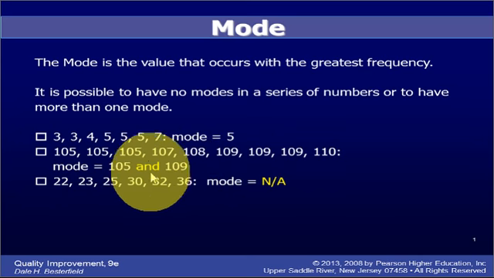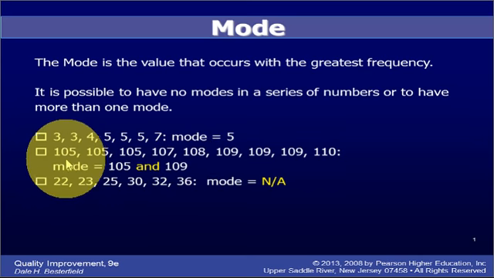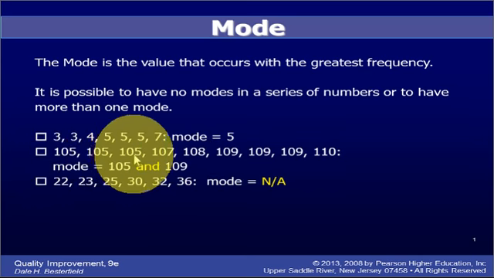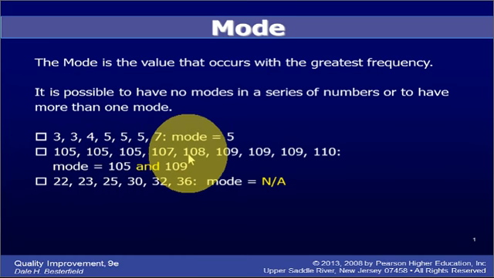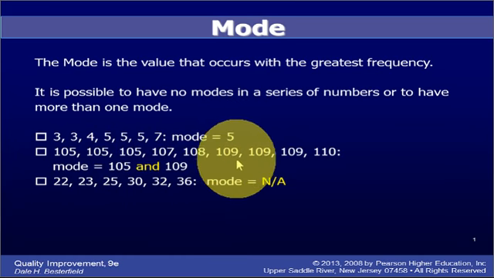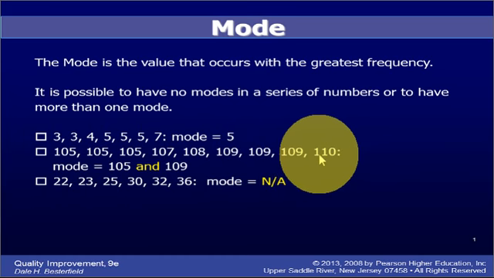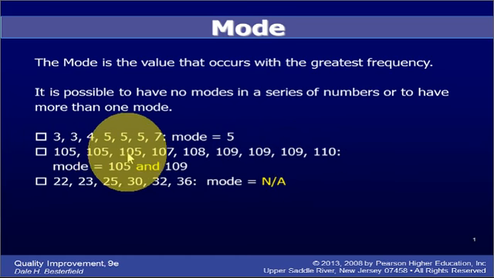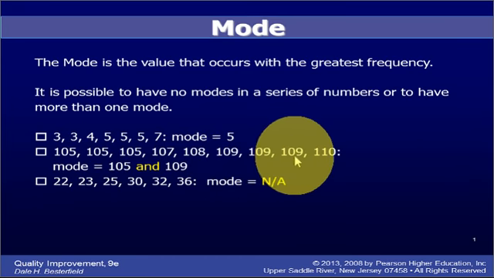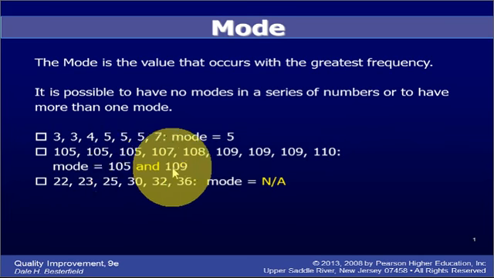The second example contains these numbers: 105, 105, 105, 107, 108, 109, 109, 109, and 110. Both 105 and 109 occur 3 times, which is the greatest frequency, and therefore both of them are considered modes of this series.